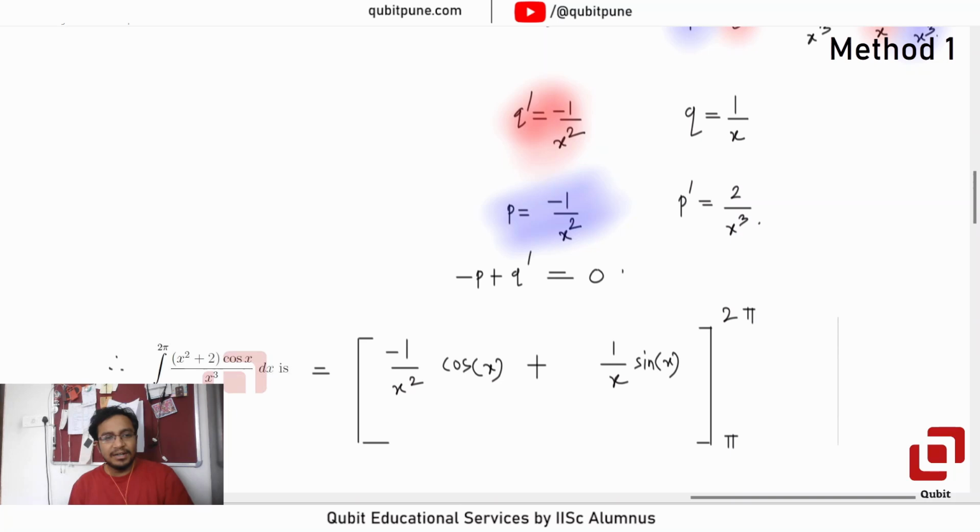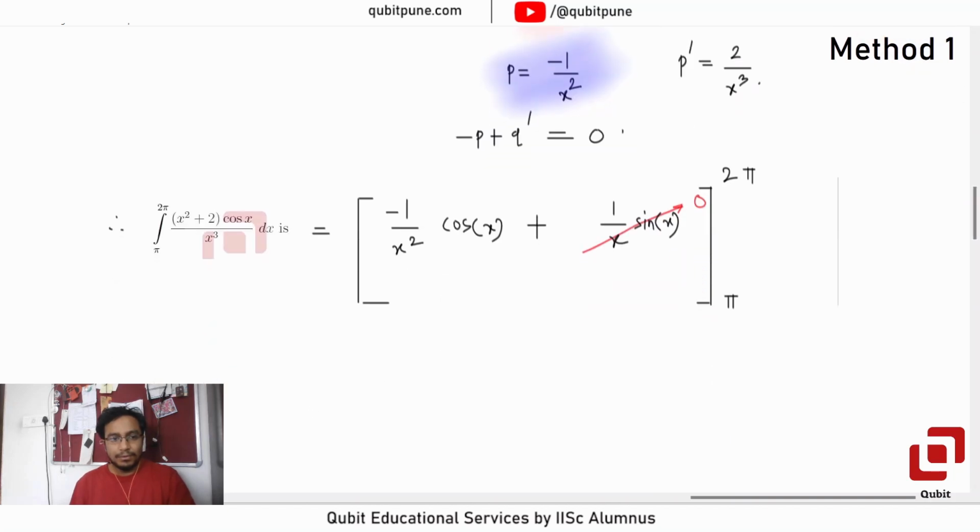Forget about the second part because sin x is 0: sin pi is 0, sin 2 pi is 0. So all we have to do is put x as 2 pi first, so cos 2 pi is 1, giving 1 upon 4 pi squared, minus cos pi, which is negative 1 upon pi squared.